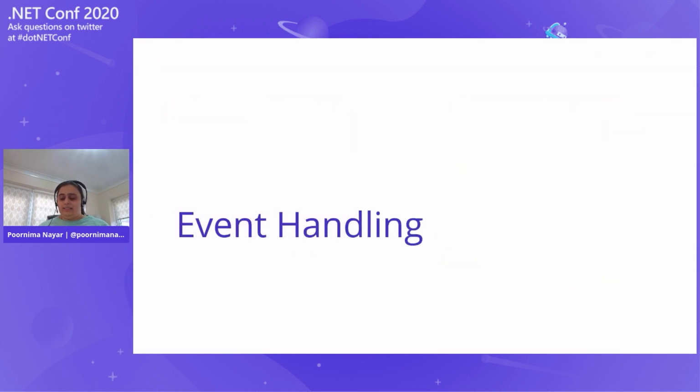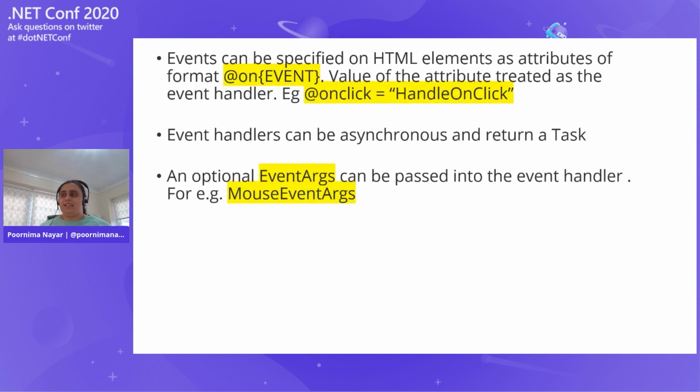Let's talk about event handling in Blazor. You've already seen examples of this in my demo today, but just to reiterate, events can be specified as attributes of an HTML element of the format @on<event>, where event is the event name. Say, for example, I can specify @onclick as an event for a button, and the value of that would be treated as an event handler.